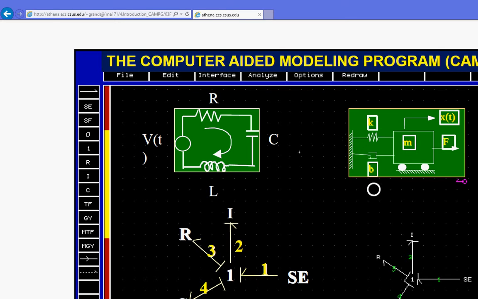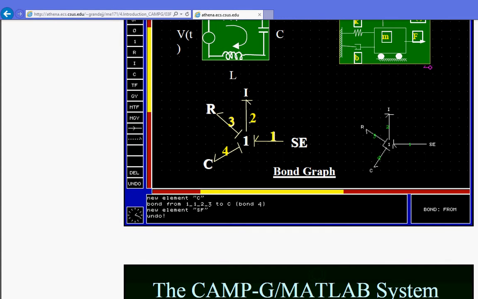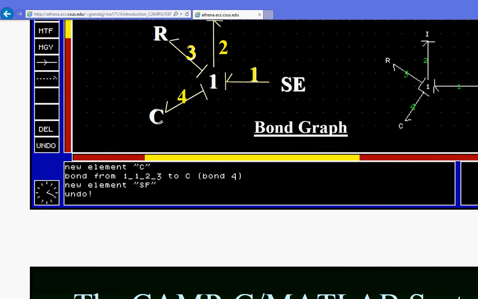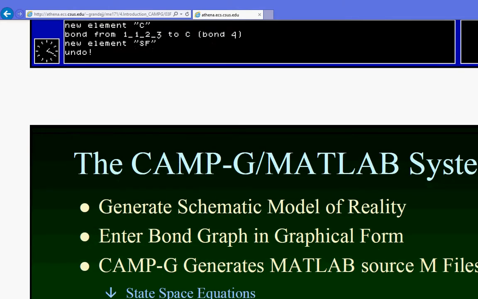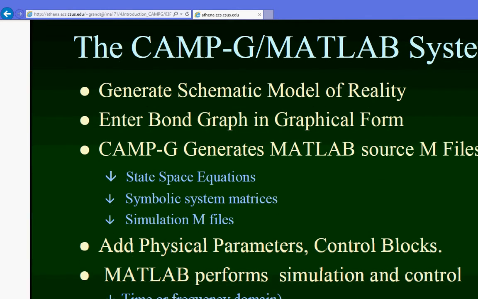Okay, so here's what CAMG is going to do for you. CAMG is going to generate the schematic. CAMG is going to generate the mathematical equations, but you have to enter the bond graph, and it will give you the state space equations, symbolic system matrices, and the simulation.